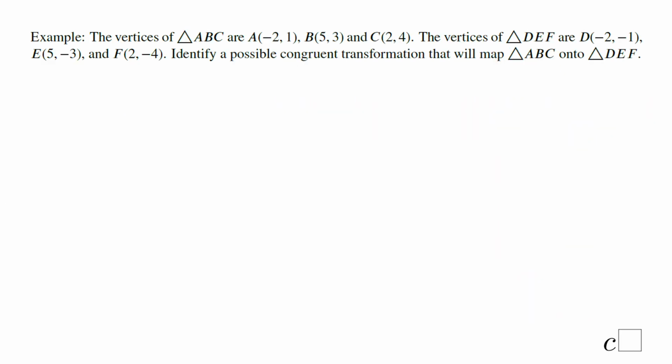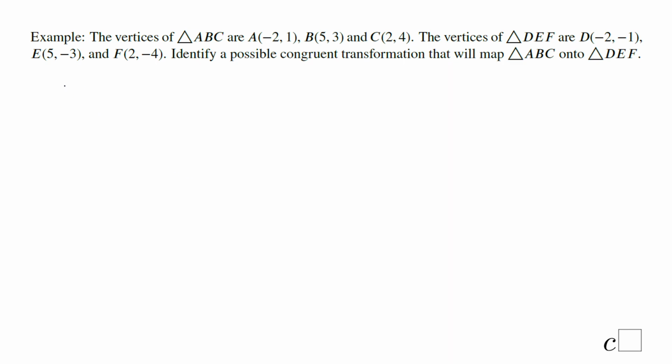Let's take a look at this one. The vertices of triangle ABC are given, and also the vertices of triangle DEF are given. Identify the possible congruent transformation for what we see here. And let's take a look.